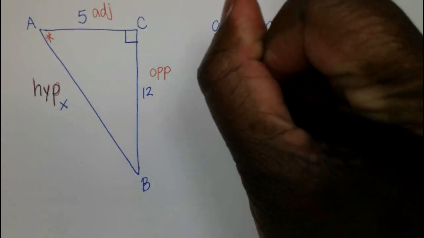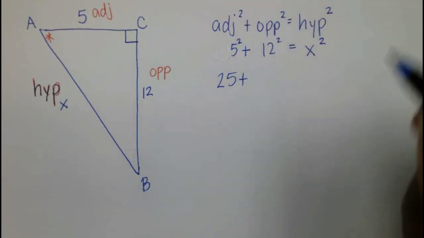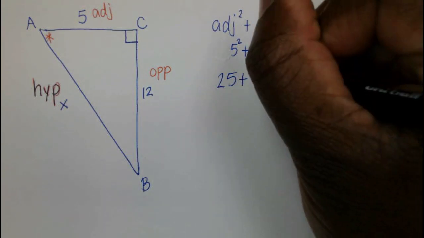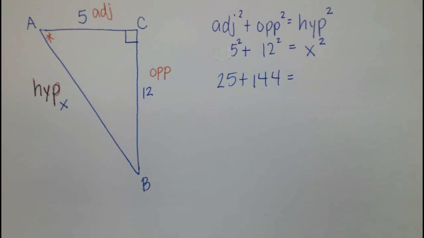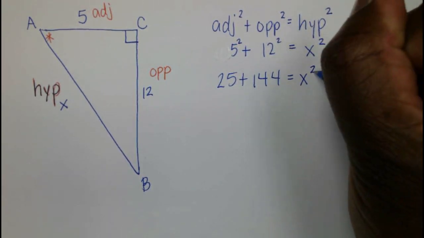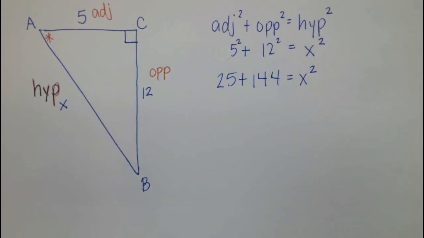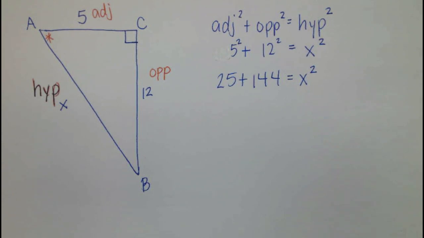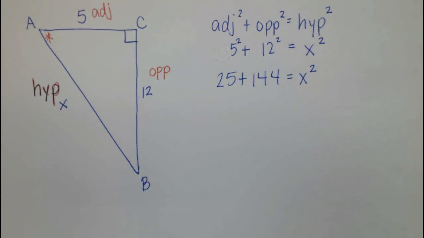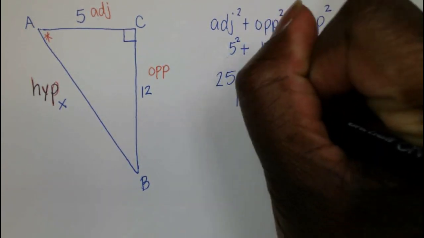That's 25. 12 times 12, or 12 squared, so 144 equals x squared. I'm solving my equation now. So these are numbers. I can put these together. 25 plus 144. It's 169.